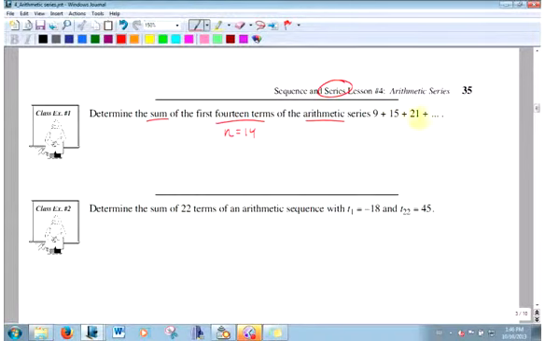Okay, 9, 15, 21, what do I know from this stuff? A is 9. What's D? 15 minus 9 is 6. It goes up by 6 each time. Okay? I got 3 there, so I'm pretty sure that's happened. To sum.